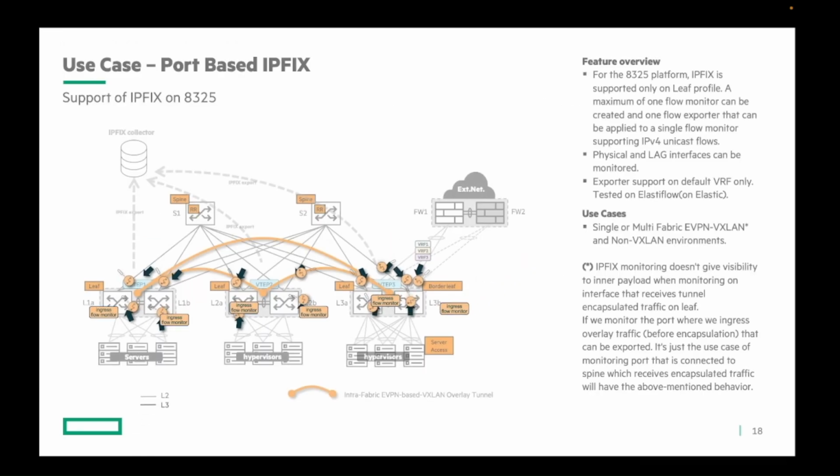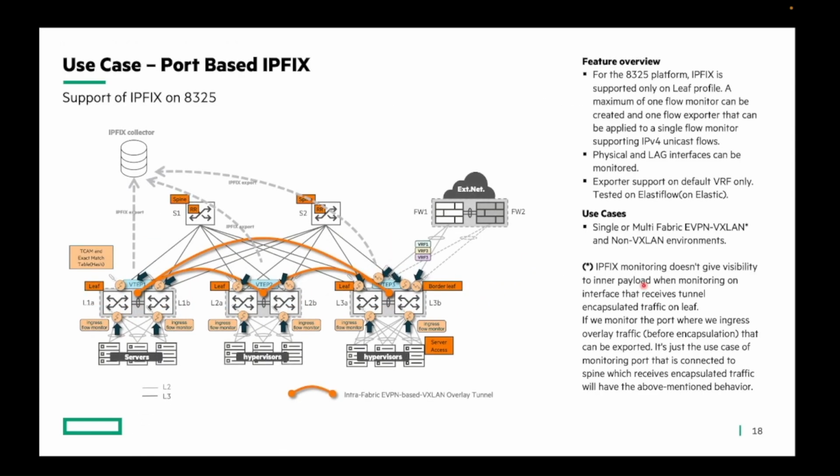Getting further into the data center side of the house, when you are using port-based IPFIX on the 8325s, in this scenario, you can have on the switch the interfaces facing the workloads as well as the uplink, right? Especially if you're using monitoring on the uplink connecting to the firewall.